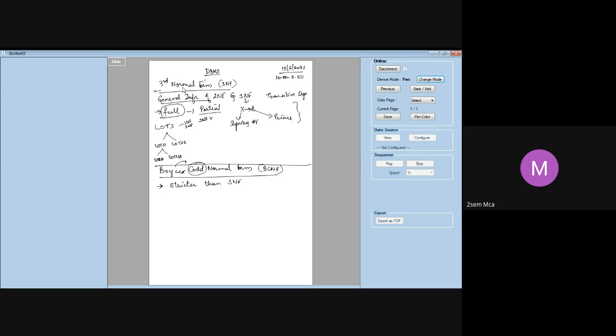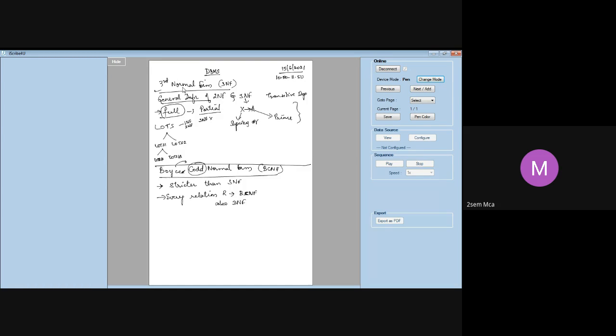One more important point: every relation R which is in BCNF should also satisfy 3NF.